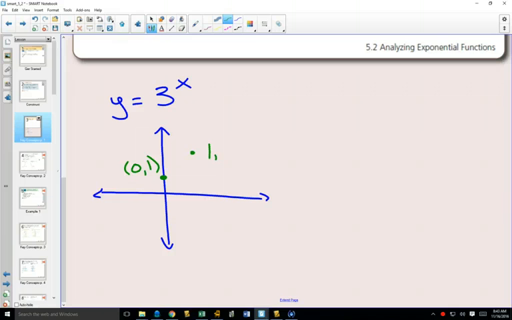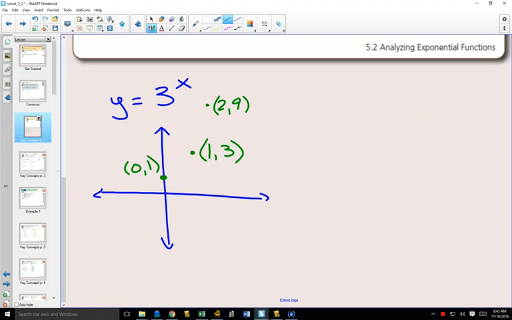If I put in 1 for x, what would y be? It'd be (1, 3). You could put other points in. If I put in 2, I would have (2, 9), and so on. You could do more table values if you liked. But the key points will be (0, 1) and (1, whatever your base is).